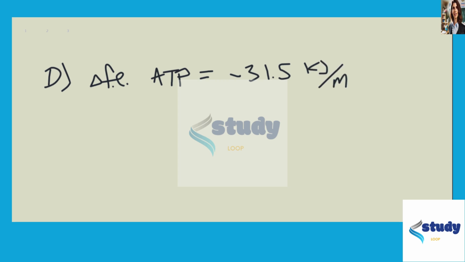This one also gives us a few pieces of information. It's telling us that the free energy change for ATP in the hydrolysis of it is negative 31.5 kilojoules per mole. And then similarly, the free energy change for the formation of the NADPH is equal to 18 kilojoules per mole.